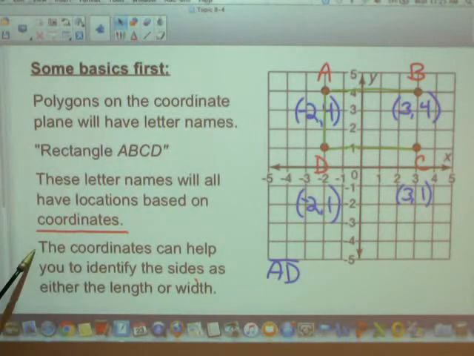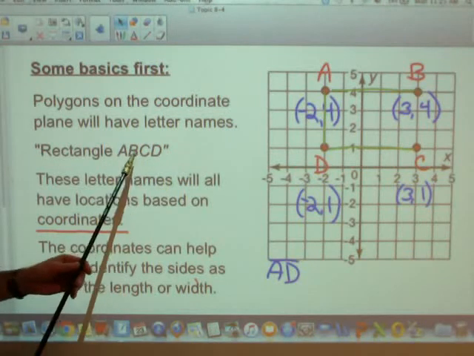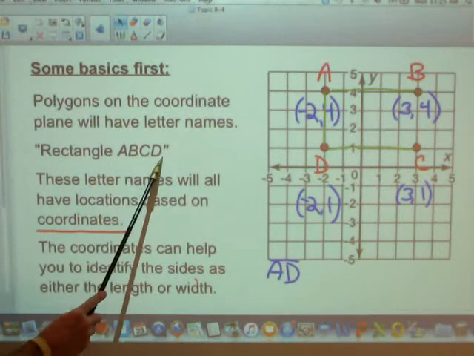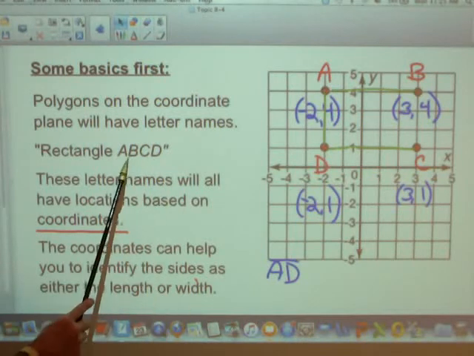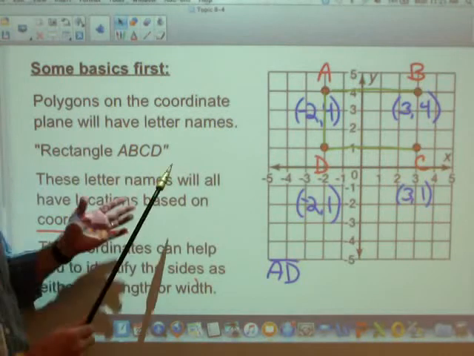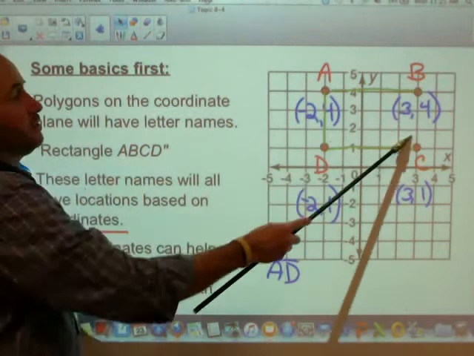The other thing to remember is that the coordinates can help you identify sides as either the length or the width. So you can actually use these letters. So for example, you could say AB and CD will be the lengths, and then BC and AD will be the width. So you can use these to help you decide which is length and width.